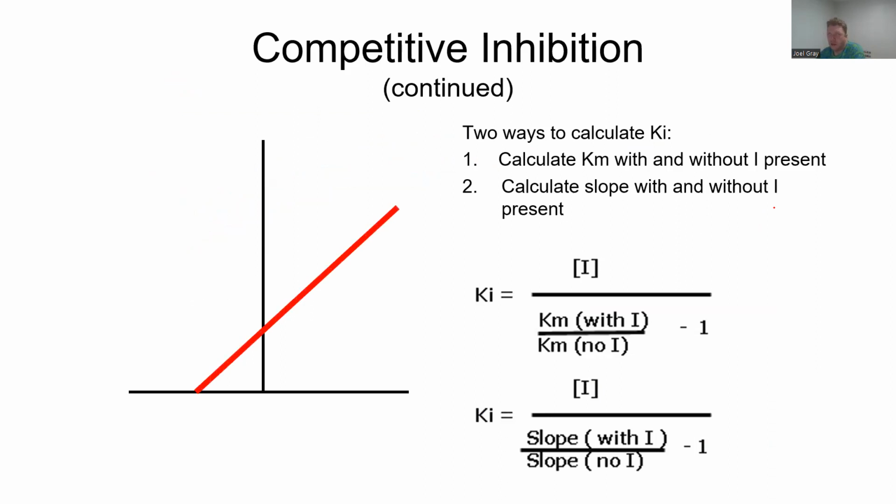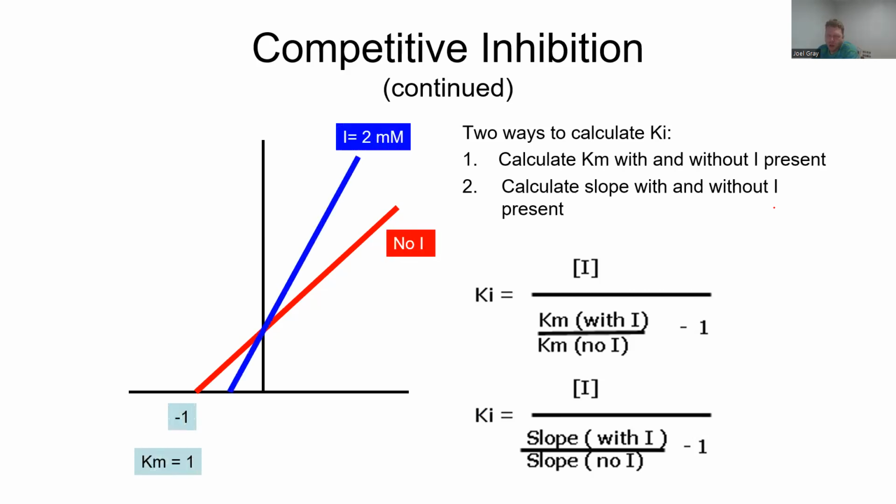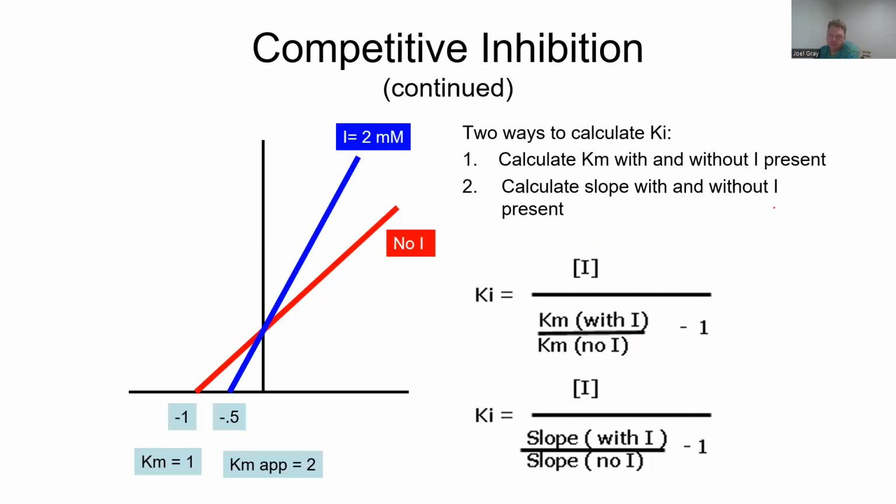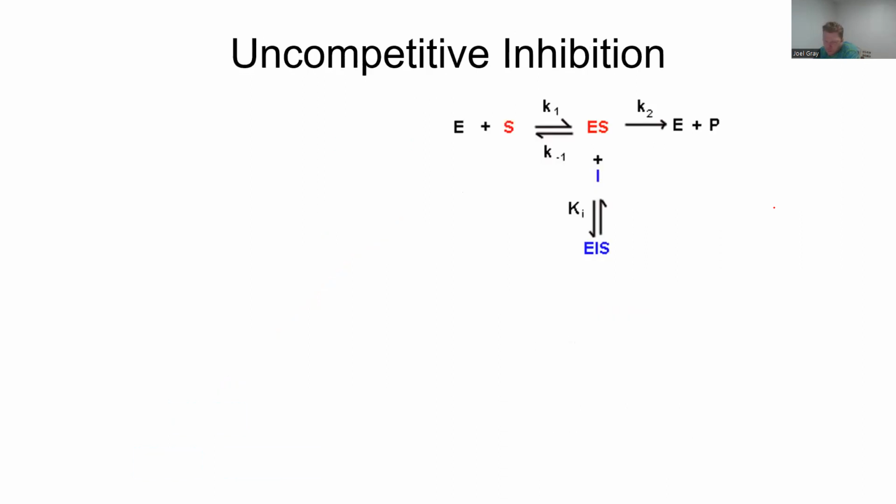You can calculate the Km with and without the inhibitor present, or you can calculate the slope with and without the inhibitor present. Like I said, I'm not going to ask you to be able to calculate your Ki's. However, these are two ways that it can be done. It just tells you the affinity that your enzyme has for that inhibitor.